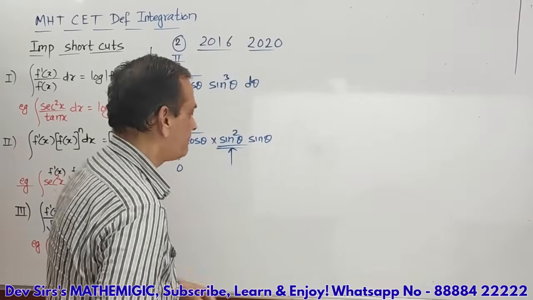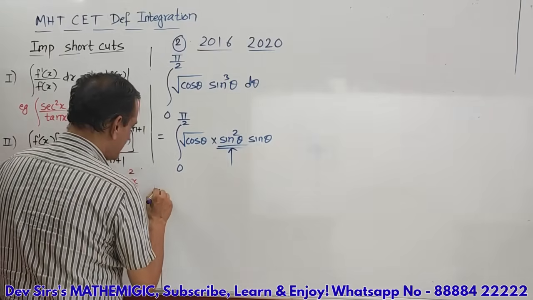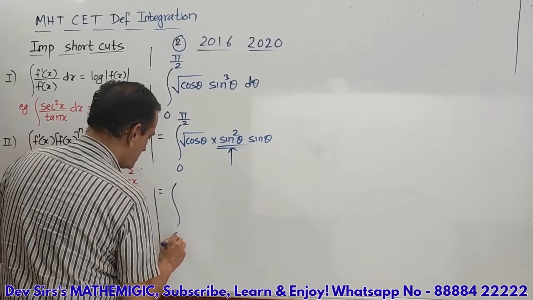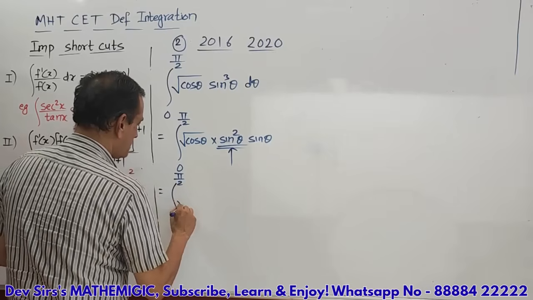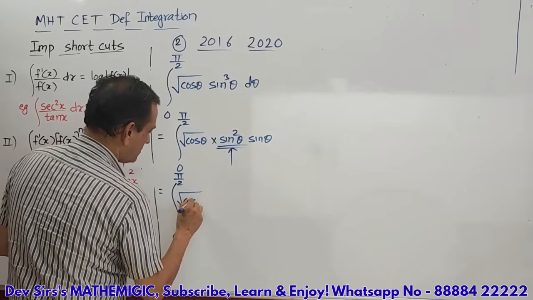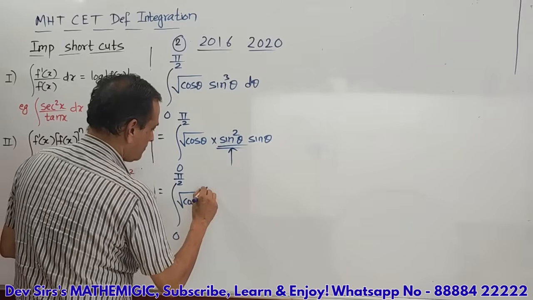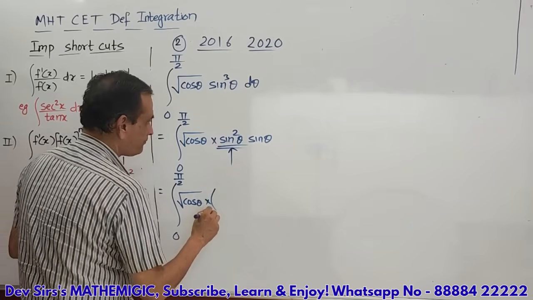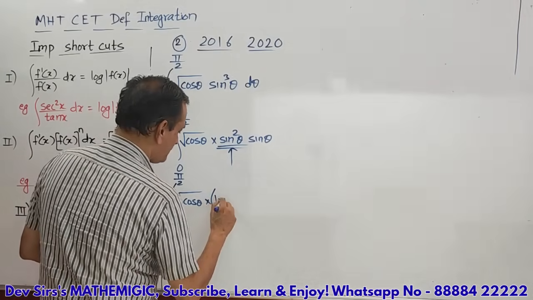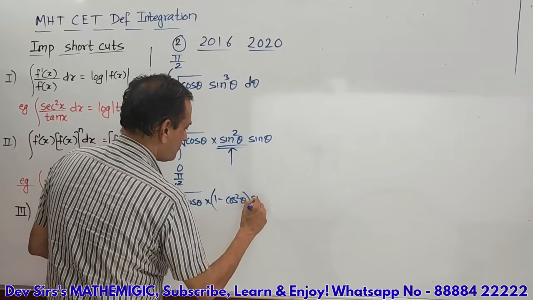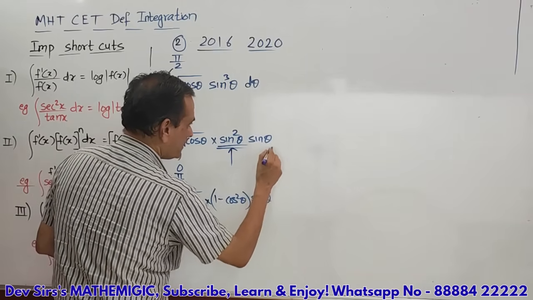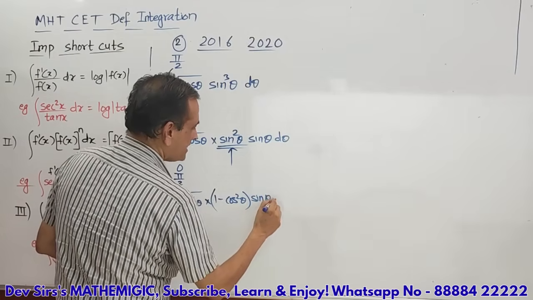Why? Let us see. So this I am going to write as bracket 1 minus cos square theta. ये sin theta को ऐसे ही रखना है.